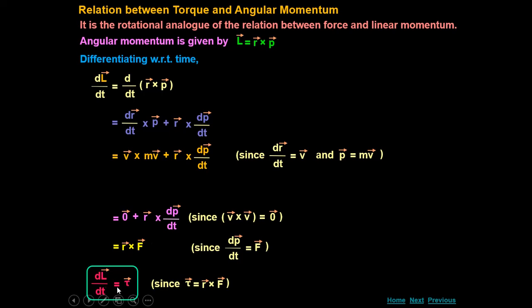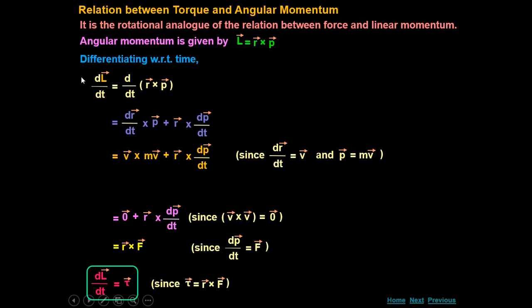So dL upon dt equals torque. Here L vector is the angular momentum, and tau vector is the torque. So dL vector upon dt equals tau vector is nothing but the relationship between angular momentum and torque.